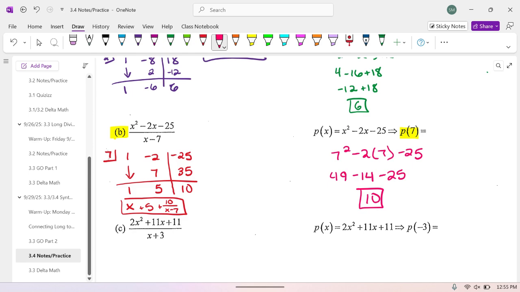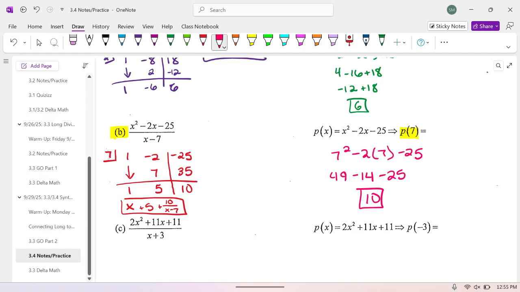Now, since this is what we call the remainder theorem, all the remainder theorem says is that if you know the root, so you're given a factor, you know the root. If the question asks you what is the remainder of this, you don't have to do all the division.